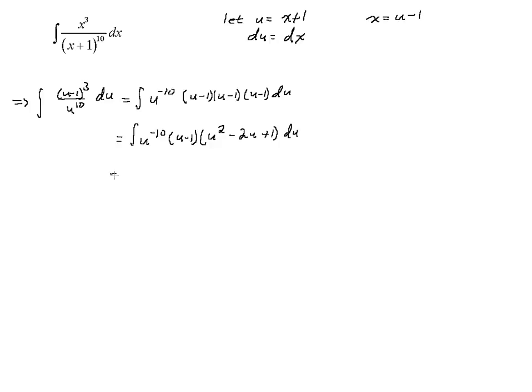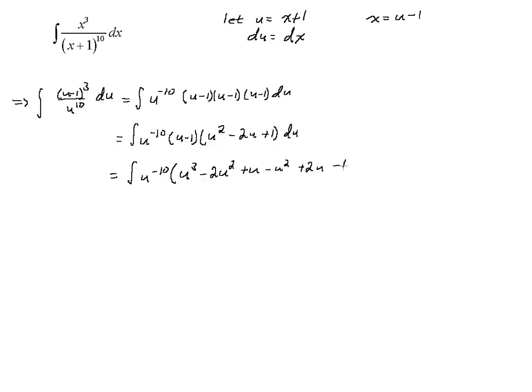We have u times u squared is u cubed, u times negative 2u is negative 2u squared, and u times positive 1 is plus u. Negative 1 times u squared is negative u squared, negative 1 times negative 2u is positive 2u, and then negative 1 times positive 1 is negative 1.